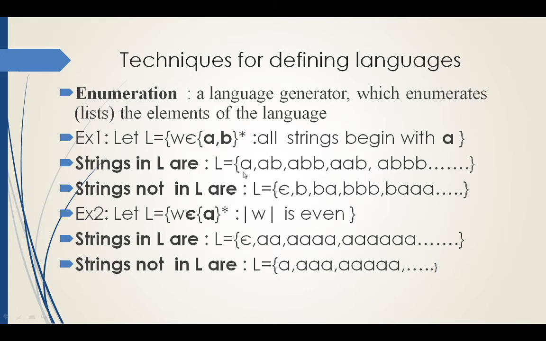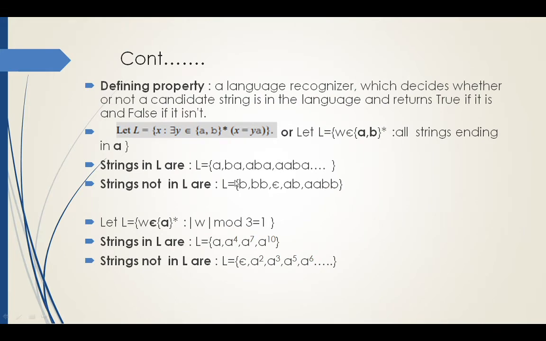So which strings are there in the language? Check it out. A, yes, it begins with A. Next, AB, yes, this is right because it begins with A. ABB I can take, AAB I can take, BBB, so I can take all those strings.